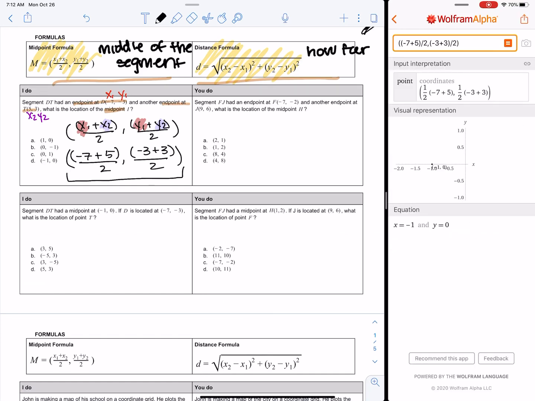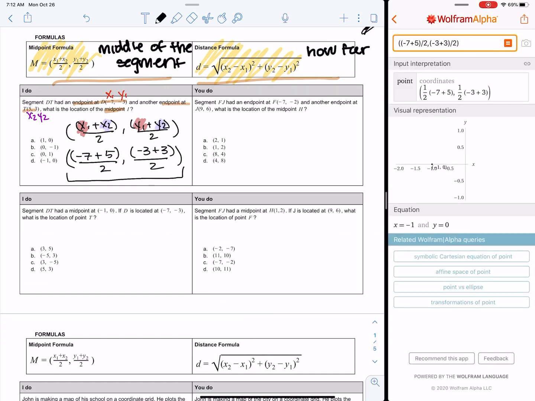It's going to solve it for you. Right here, where it says equation, x equals -1, and y equals 0. So your point is -1, 0.